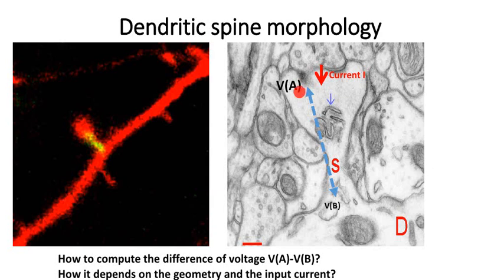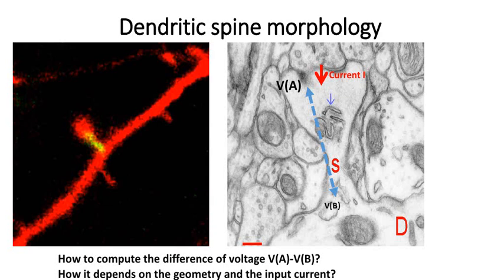If we are capable of calculating this, then we will be able to calculate any difference of potential on this dendritic spine when a current is flowing inside.